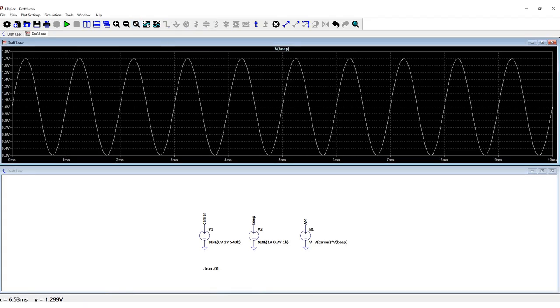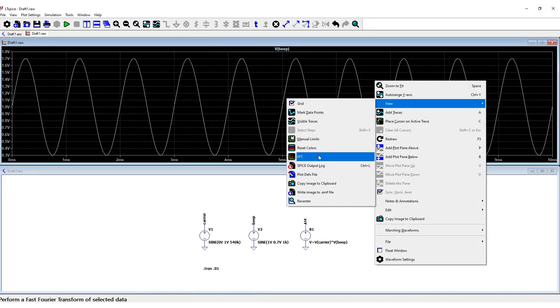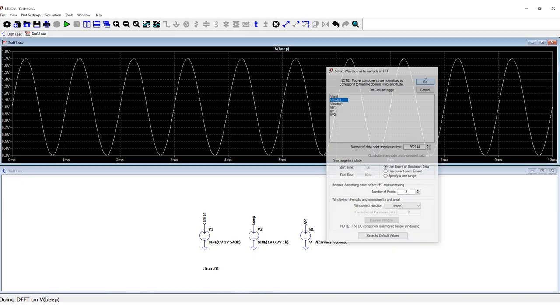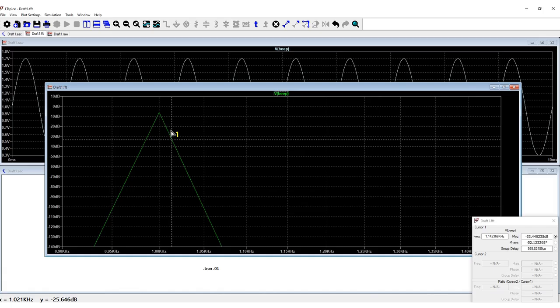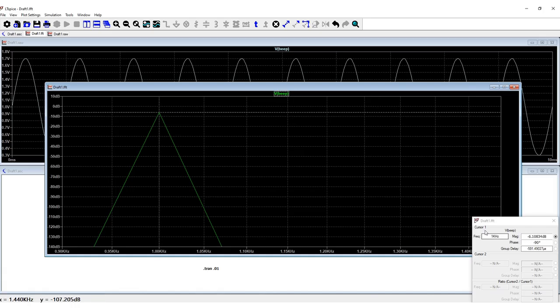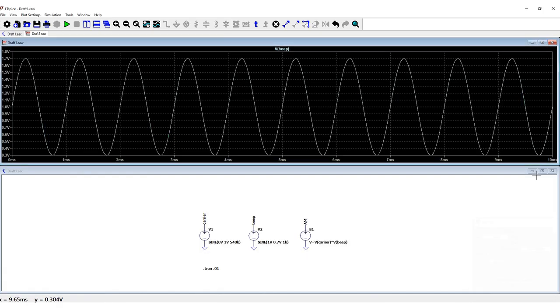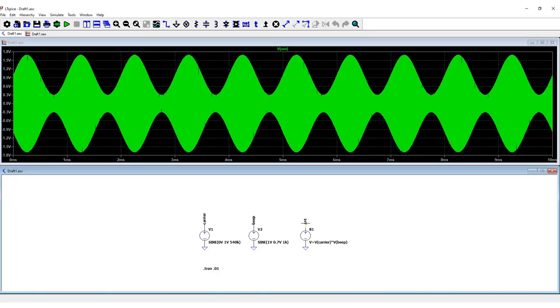The second signal is the modulator, the beep signal. Right now, I don't need the zoom in. I check the frequency. Yes, it's really a 1 kHz signal with 1 volt offset. And finally, let's take a look at the AM signal. And it works fine.